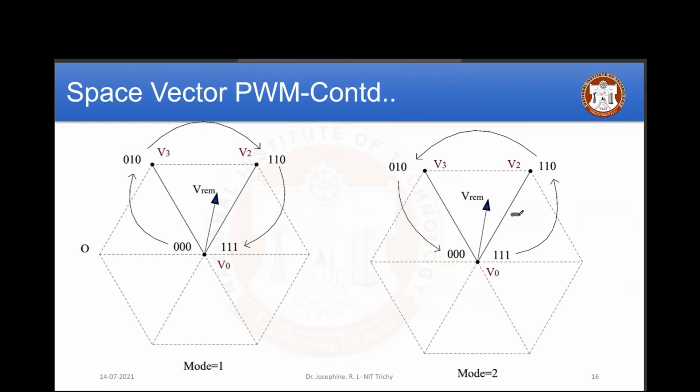Initially I will have T1 more and T2 less, so it will have a vector more aligned to here. If I increase this, then this vector is going to reduce because it is a zero vector, so the potential difference will become 0.